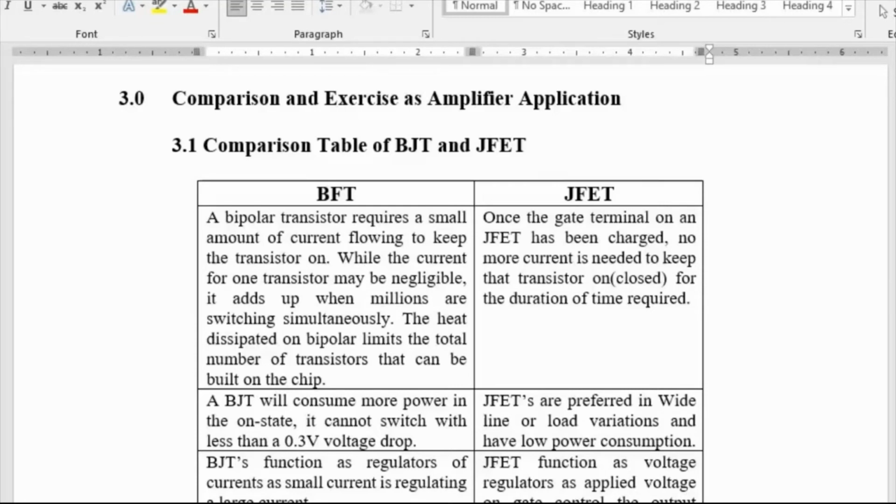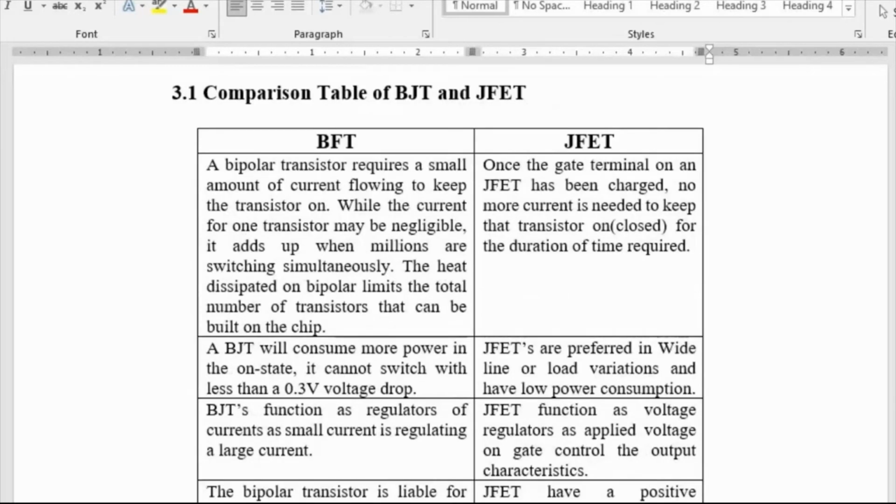Okay, for the comparison, first for BJT, a bipolar transistor requires a small amount of current flowing to keep the transistor on. While the current for one transistor may be negligible, it adds up when millions are switching simultaneously.